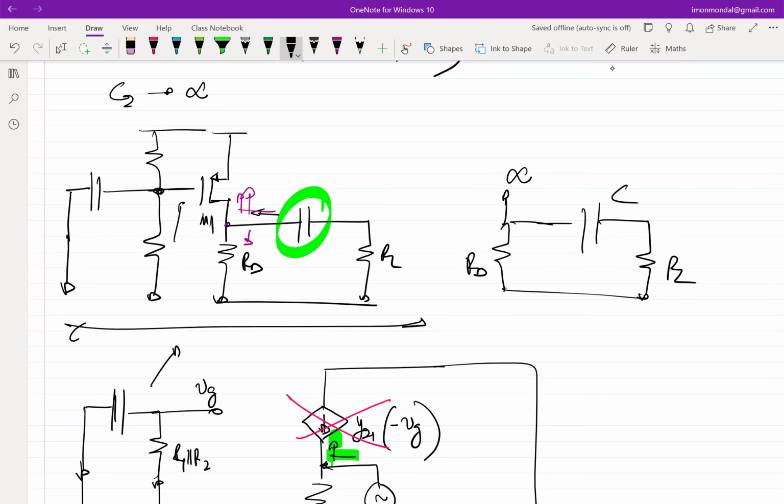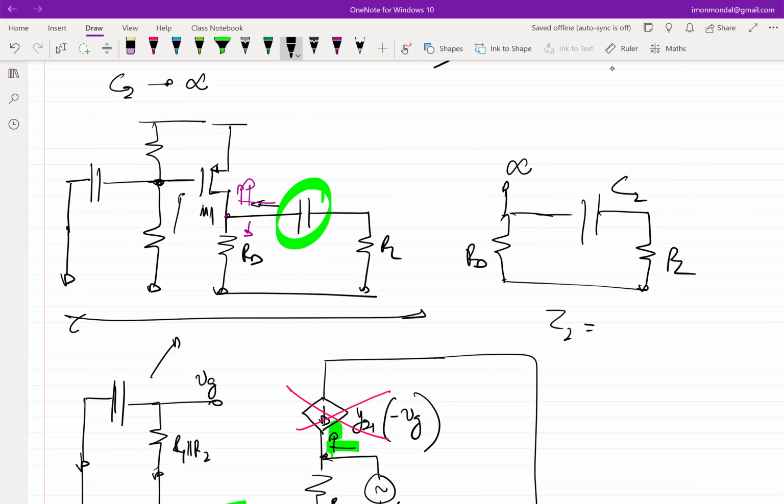So what is the time constant associated? Tau, this is C2, right? So tau 2 is C2 times RD plus RL.